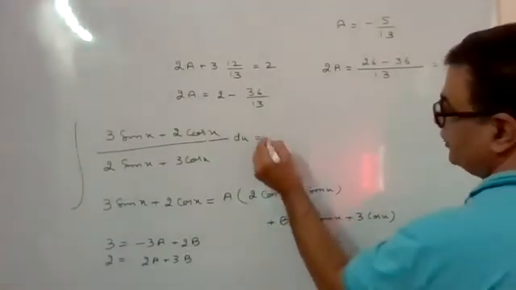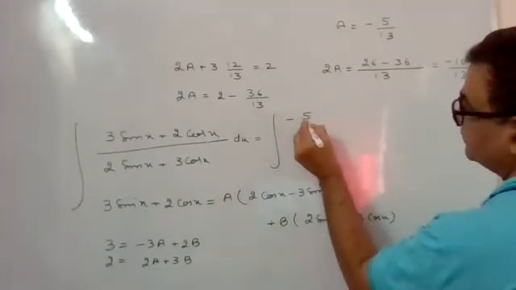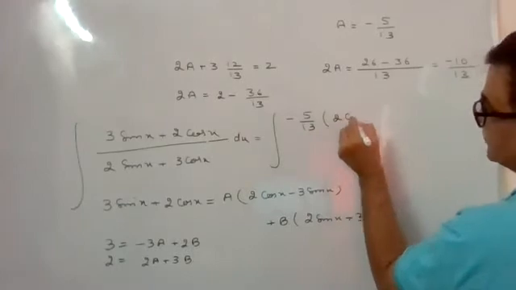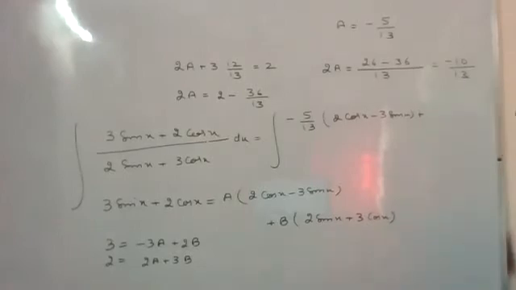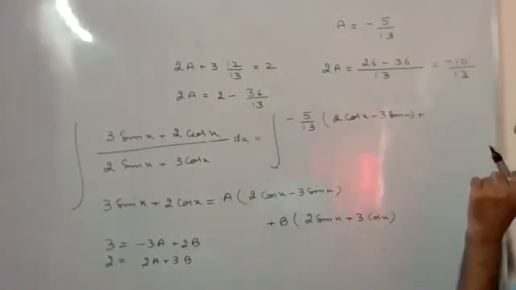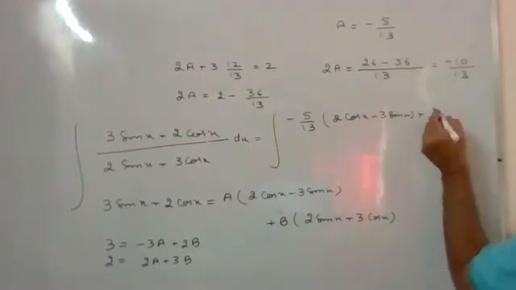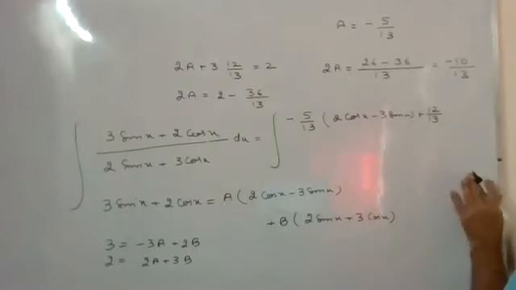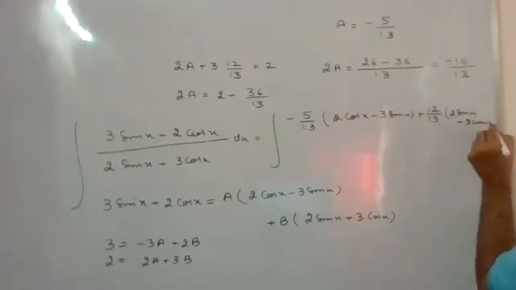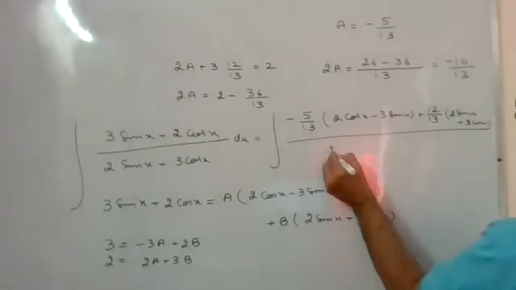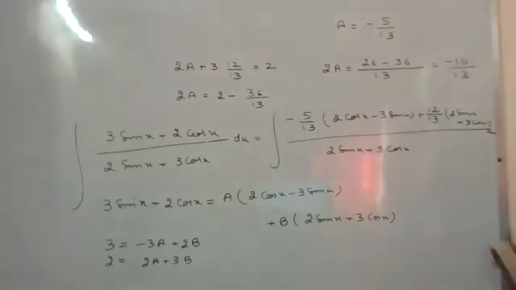So what I should write for this question now, this will be integration, a will be minus 5 by 13, 2 cos x minus 3 sin x, plus b. b we already got. What was b? 12 by 13. 2 sin x plus 3 cos x divided by 2 sin x plus 3 cos x into dx.